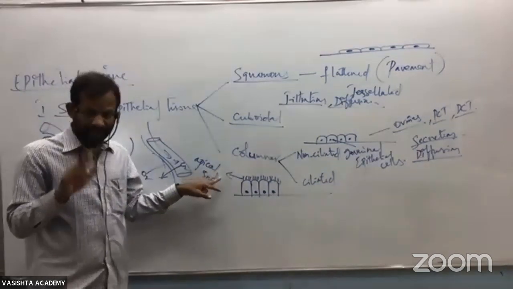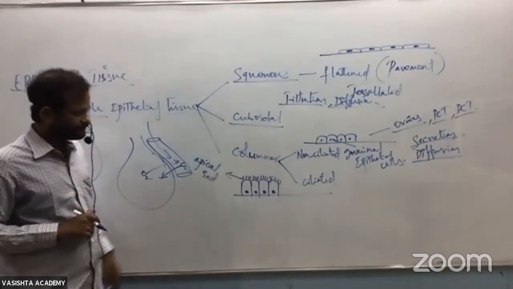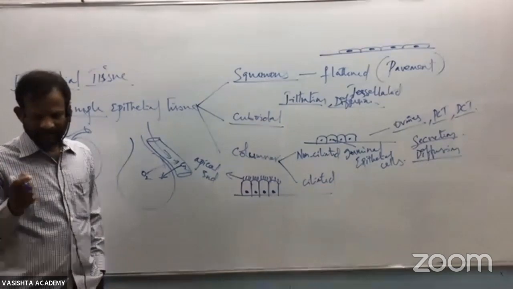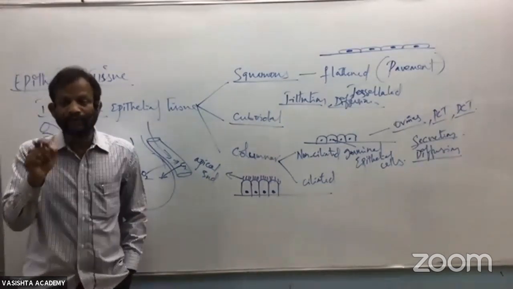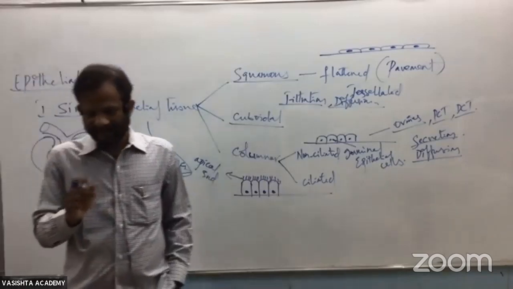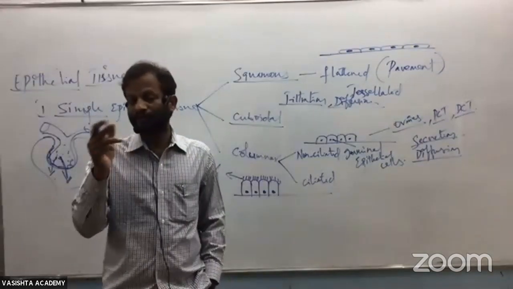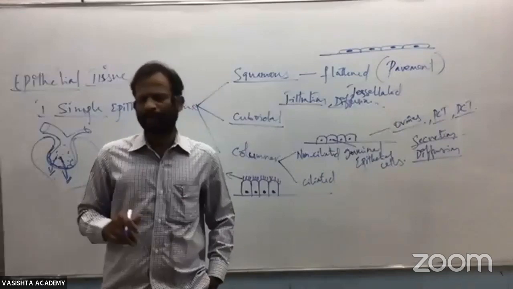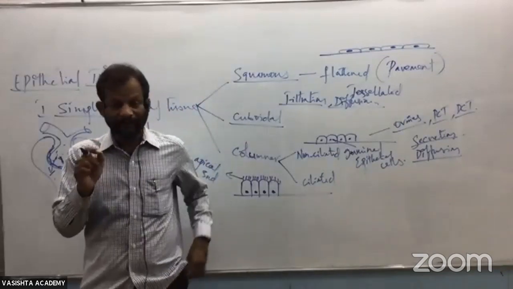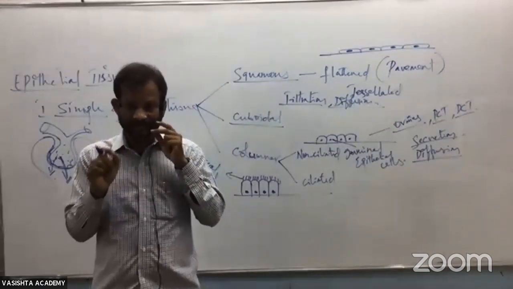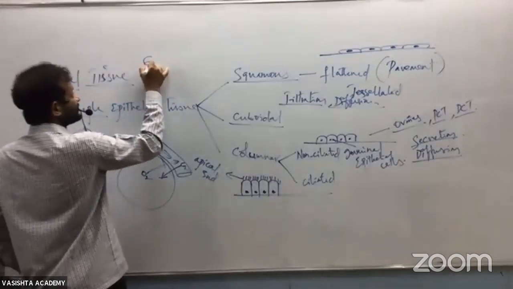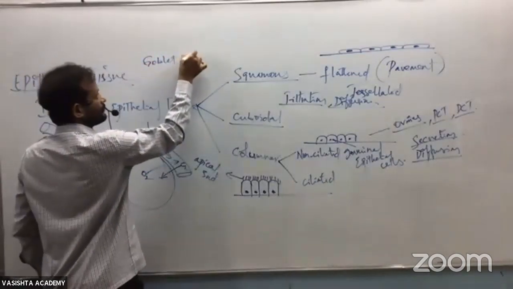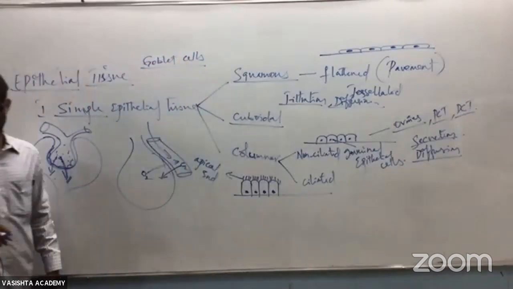If cilia are absent, and I will tell you one more thing, in our body, there are some glands which are unicellular, meaning a single cell will produce some secretion product. That type of unicellular glandular cells are called goblet cells.